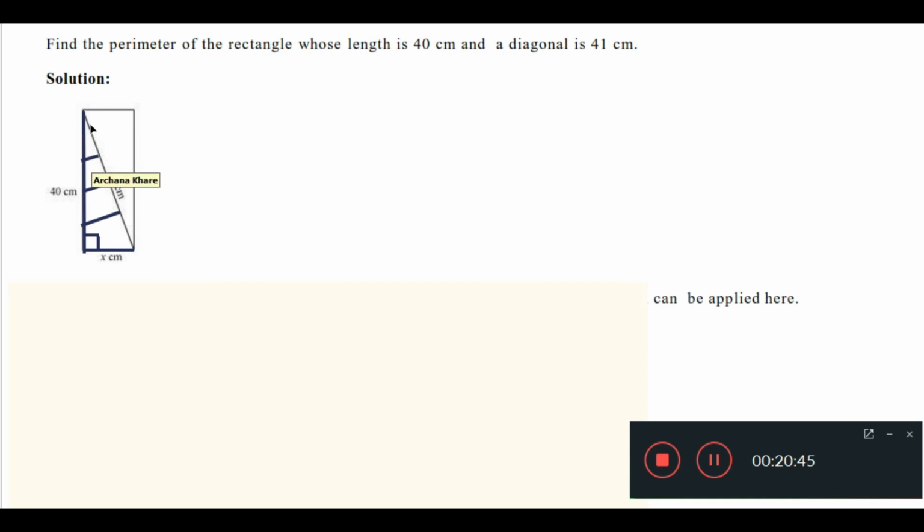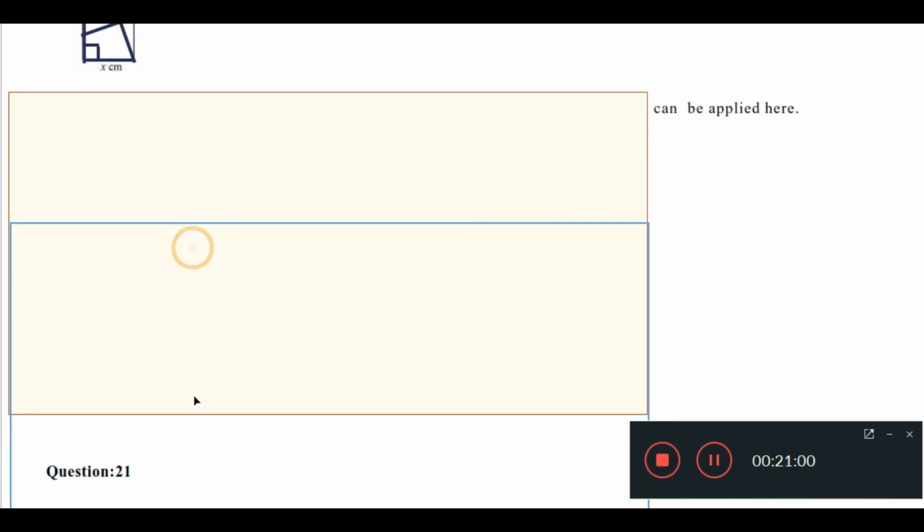With the help of this we can calculate the measure of x. Okay, so 41 is what? 41 is the hypotenuse, 40 is the perpendicular, and find the value of x.